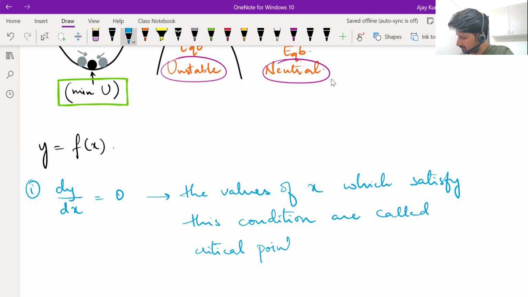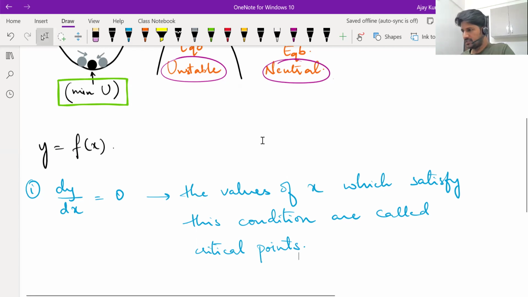Basically, at these values of x, there is a chance of the function being maximum, minimum, or constant. Whether a function is maximum or minimum or constant, the first derivative will be 0. So we make use of that to first identify where those maxima or minima can occur.